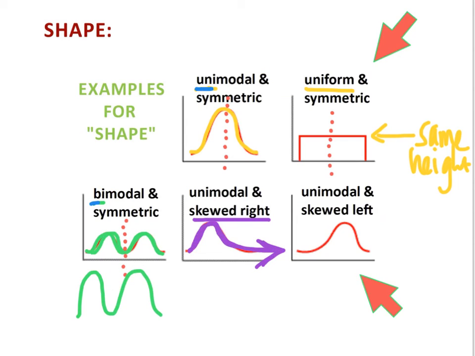Skewed to the left means it goes far out on the left and then it goes over and gets more condensed to the right. So whichever way the tail is longer, that's the way it's skewed. So skewed left is longer to the left, skewed right is longer to the right. And I'll erase those marks so you can see the original graphs clear.